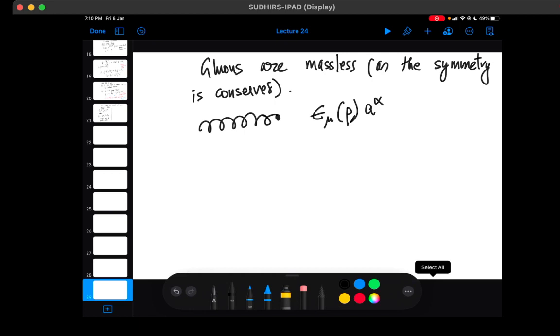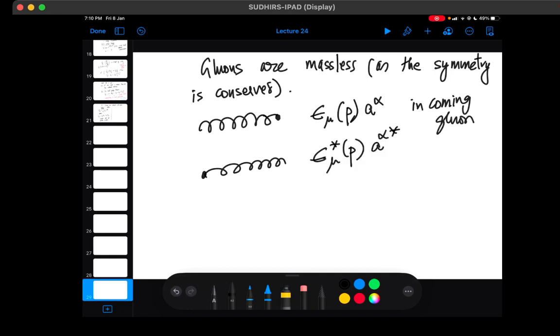So then incoming gluon, and for the outgoing gluon this would be epsilon mu star of p, a of alpha star.